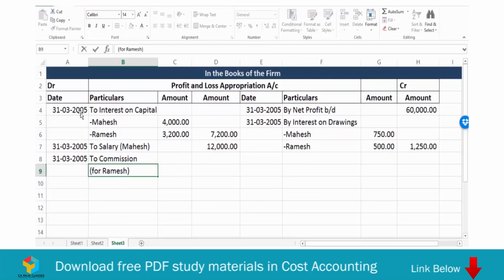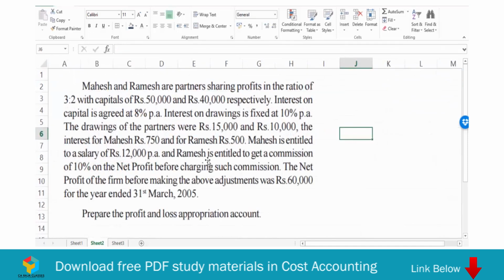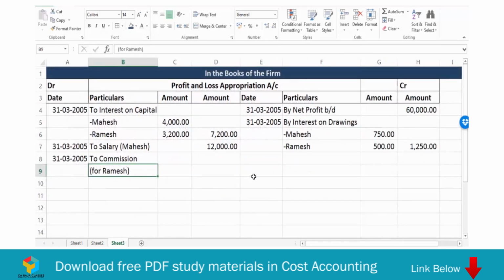So how are we going to find this? For this, I think we need a working note, because the question says Ramesh is entitled to get a commission of 10% on the net profit before such commission. Now we know the items appearing on the credit and there are two items on the debit. If from this credit we subtract these two debit items, we get to know the net profit before commission.